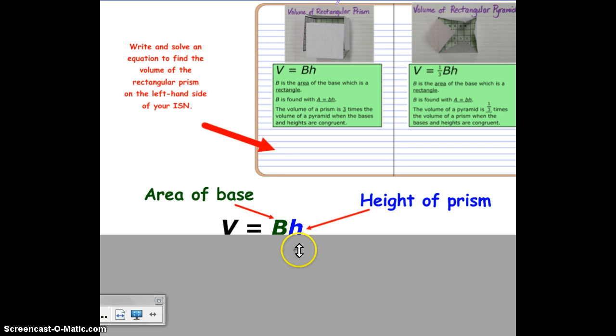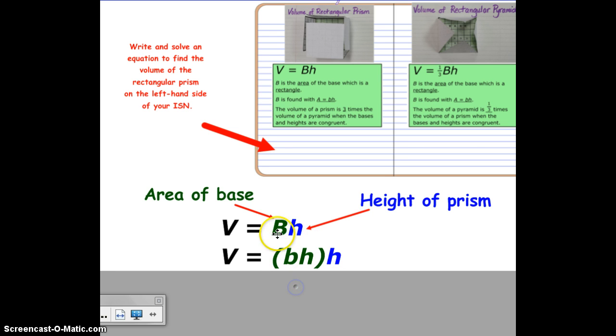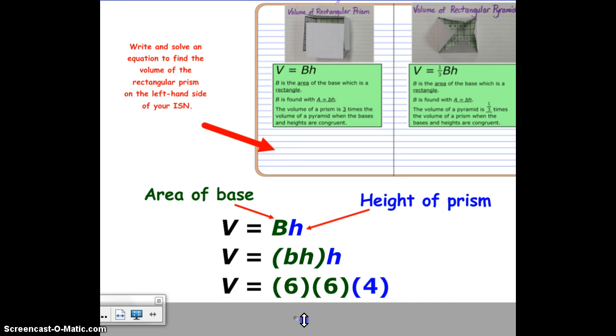So if we think back to the example that you have in your composition book, capital B times H, capital B can be broken down into base times height. Again, the base times the height is the area of the base, which is found from the area section of your reference material. Remember, we counted the base and height to be 6 for the base of the prism itself, and then if we counted the distance between the two bases, we would have counted a height of 4.